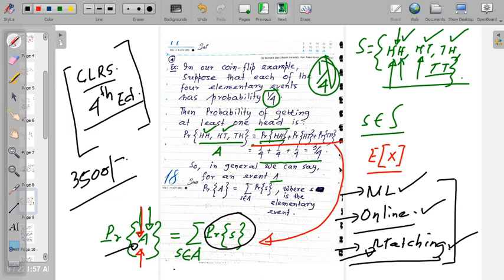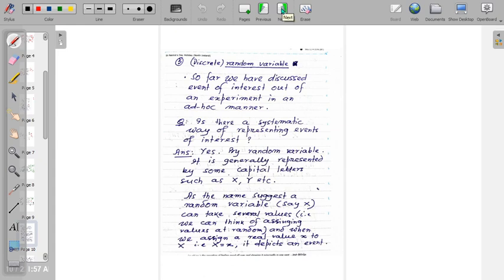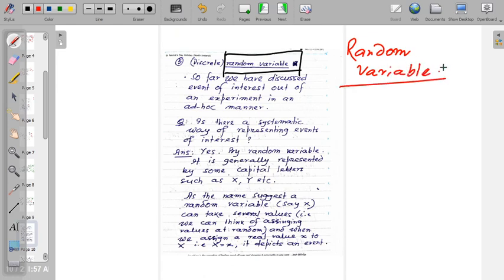In today's class, a few more things we need to discuss. One is the random variable. This random variable is very important, and it is at the heart of the analysis of randomized algorithms.